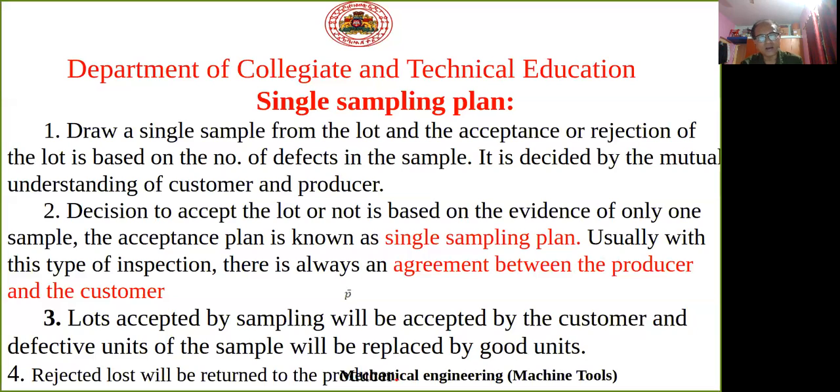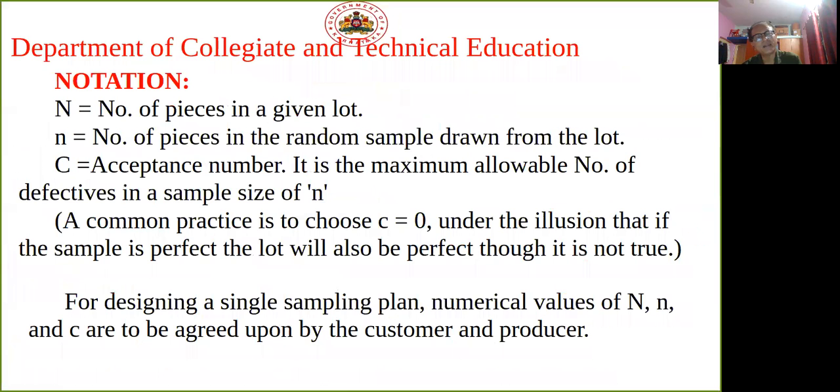Then the lot accepted by sampling will be accepted by the customer, and the defective units of the samples will be replaced by good ones. Rejected lots will be returned to the producer. So this is what is called the single sampling plan.